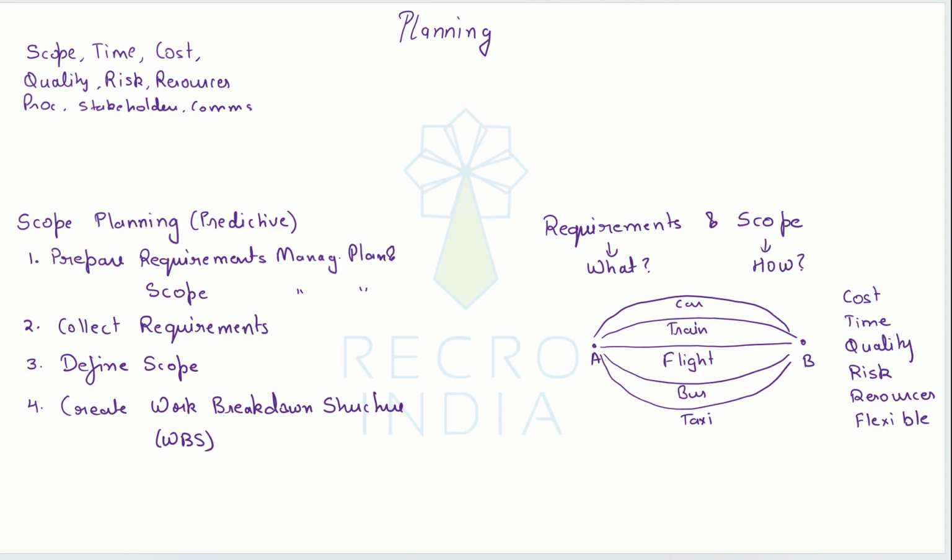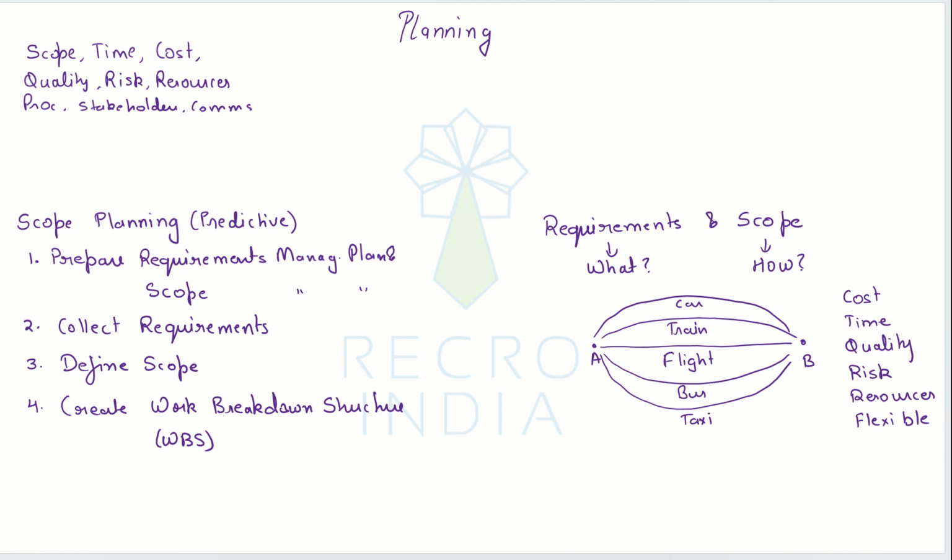So when we are brainstorming in respect of how we have to fulfill the requirements, we also need to keep in mind these various other factors, that one method may be more costly but can give better quality, or can be less risky, whereas another method might be less costly but may take more time, may deliver slightly inferior quality, or comes with more risks, requires different type of skills that we may or may not have.